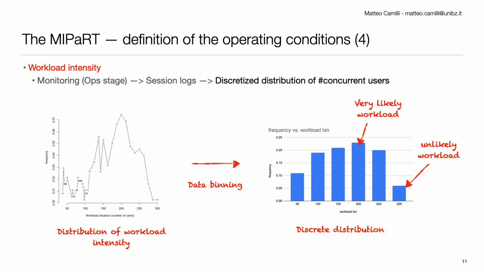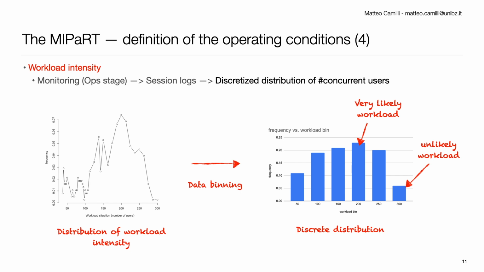So the last piece of information we need is the workload intensity. Again, by analyzing the session logs, we extract a discretized distribution of the number of users occurring in production. As shown by this figure, we first derive the distribution of the workload intensity, associating for each workload intensity the corresponding frequency, and then we apply a data binning technique to derive a smaller amount of discrete workload intensity bins associated with the corresponding likelihood.